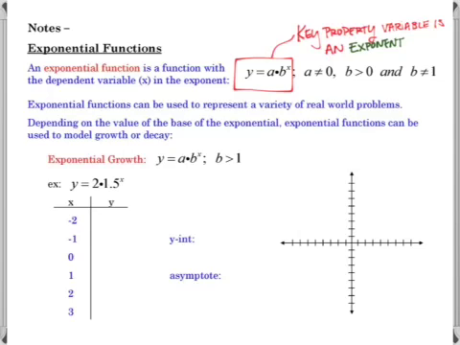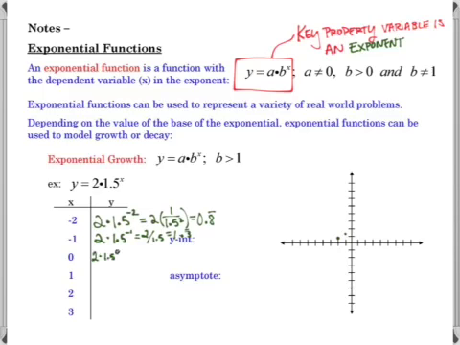Alright, so given the exponential equation at the bottom here, where I have 2 times 1.5, that's my base, raised to the x power, I plug in values to figure out what I have going on. I plug in negative 2, I flip 1.5 over as my reciprocal, I get 0.8, I plot that point. I plug in negative 1, I plot that point.